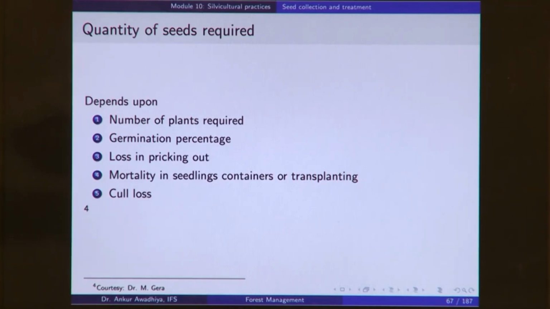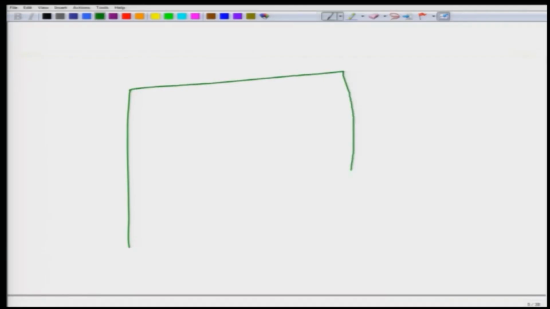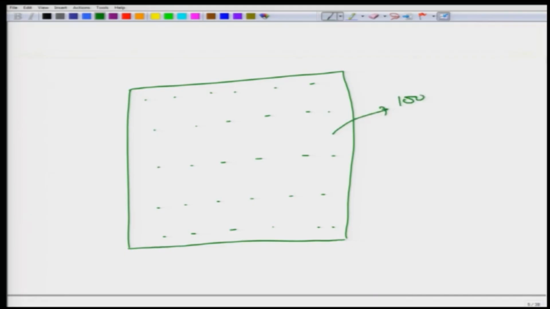So, let us say that we are doing an artificial regeneration in this plot, and suppose our plan is to have say 1000 plants. So, you want to have 1000 plants on this plot, and let us say that we are getting these plants from the seeds. So, how many seeds should you start with?